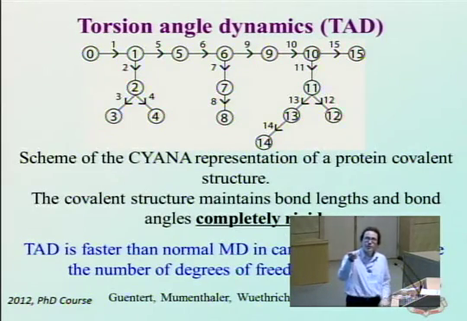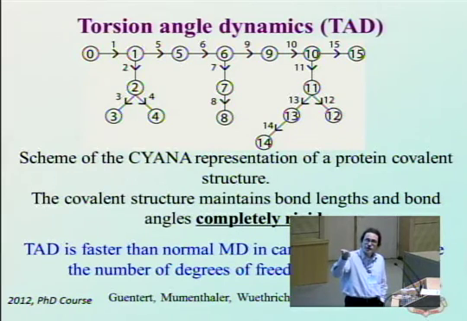And a very popular approach to calculate NMR ensembles is by doing this so-called torsion angle dynamics. So you don't represent the protein in Cartesian coordinate space, but you represent the protein as an ensemble of completely rigid bodies, which correspond to parts of the backbone or to parts of the side chains of the various amino acids.